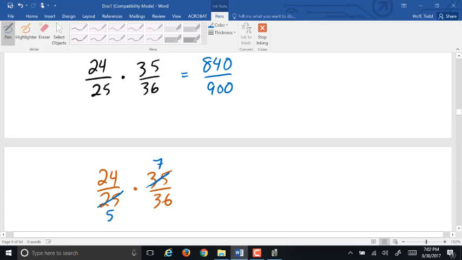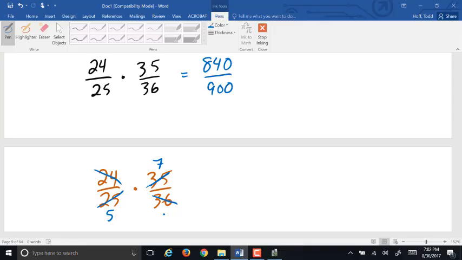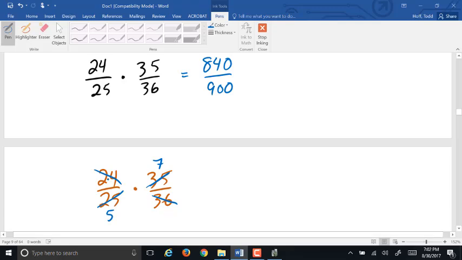Now we can cross cancel the other way. What can both of those be divided by? 4 would do it. 6 would do it. 2. 8 won't go into 36. But there is one bigger one yet. Not quite. 12 would work. Now let's say the first one we saw, somebody said 4 was the first one we heard.